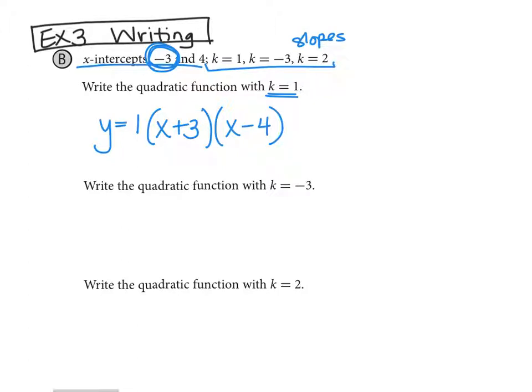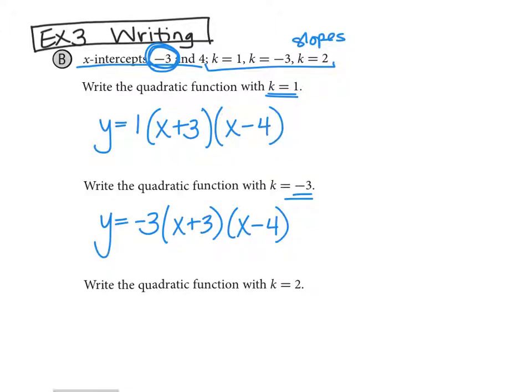There's no squared here because these are not the same roots. The squared actually would come if you were to multiply this out. So if we write this next one, now it's going to be y equals -3, because that's my new slope. But I still have the same roots, so that's x plus 3, x minus 4.